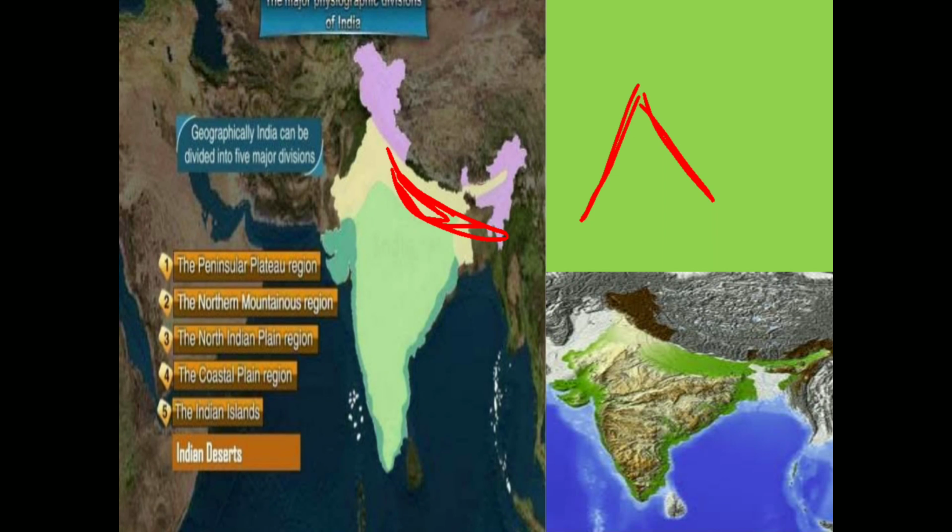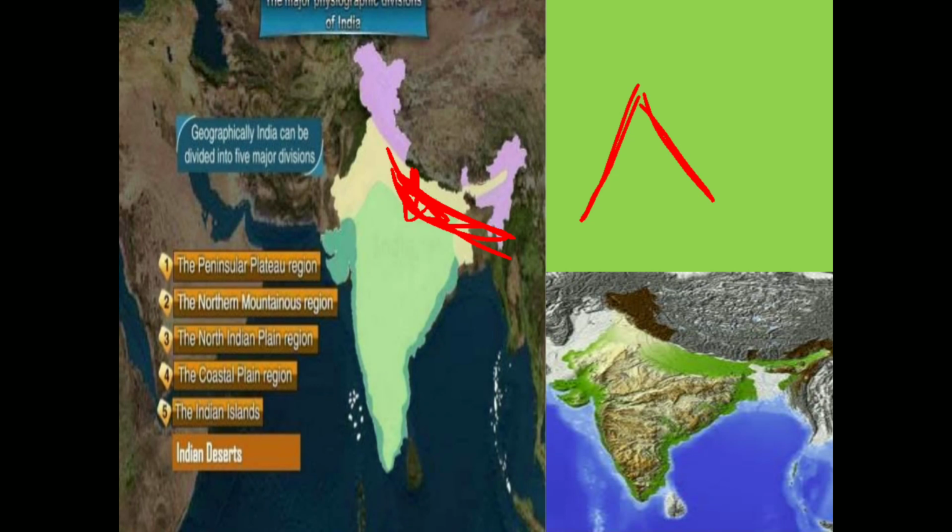These plains are known as the northern plains of India, and they lie south of the Himalayas. This area is also known as the Gangetic Plain. Why is it known as the Gangetic Plain?